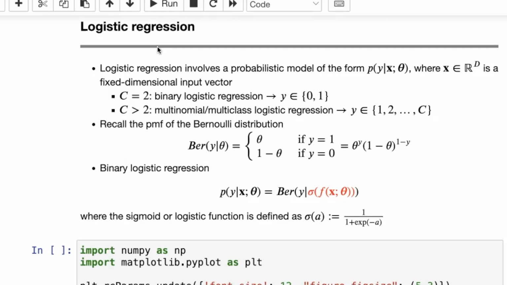However, there are some clear differences between linear and logistic regression, in the sense that in linear regression, we are trying to predict a continuous label, but in this case, we are trying to predict a discrete label, right? So this is either 0 or 1. And also, as we're going to talk about in this lecture, loss functions that we use for classification problems are typically very different than their regression counterparts.